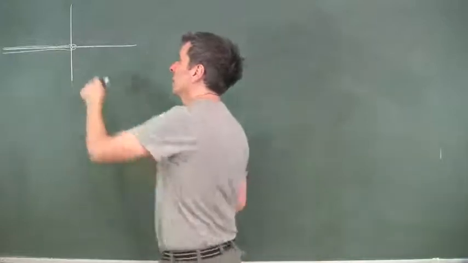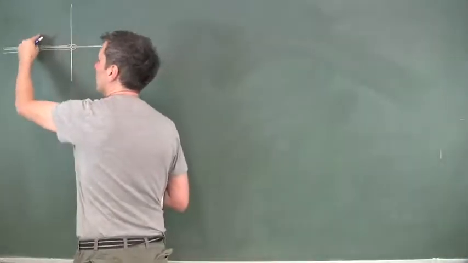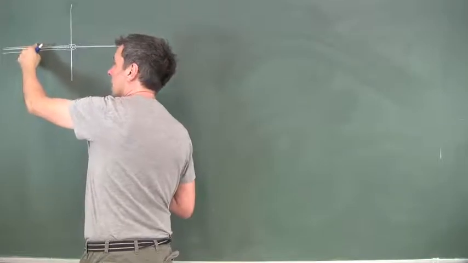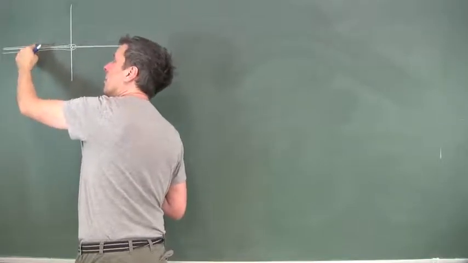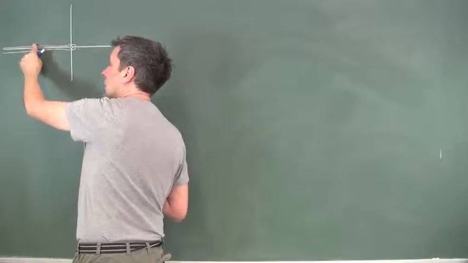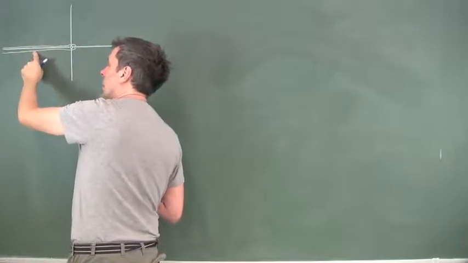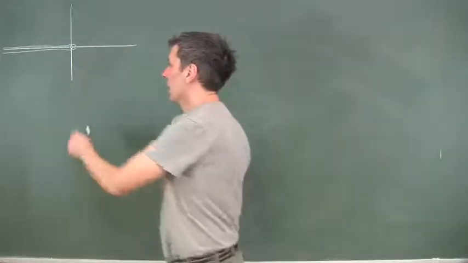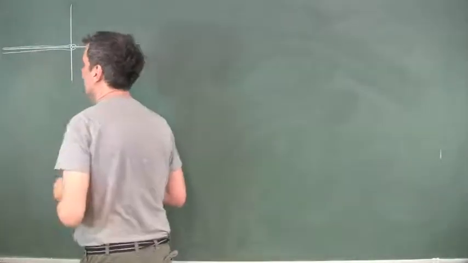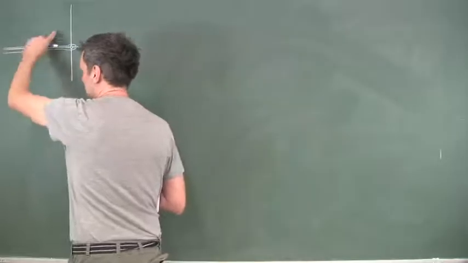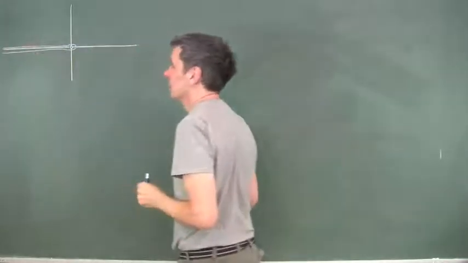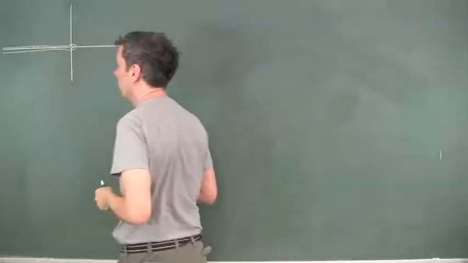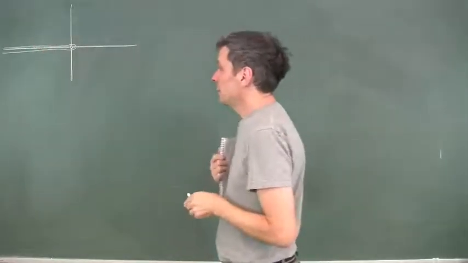So if you approach the negative part of the real axis from above here and measure the principal logarithm, then it will make a jump down by 2 pi i whenever you pass the negative part of the real axis from above to below.